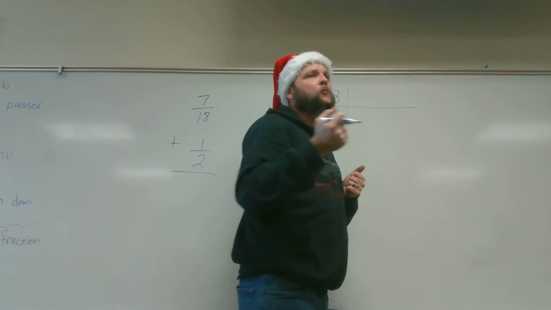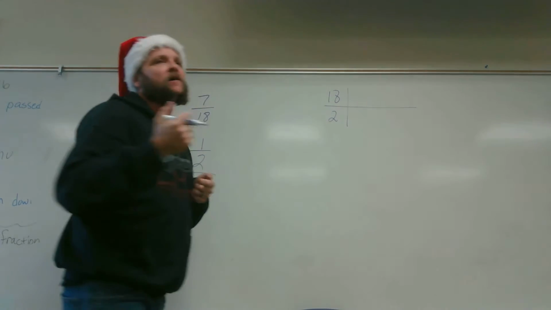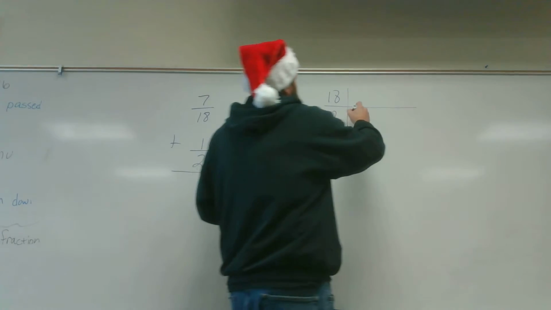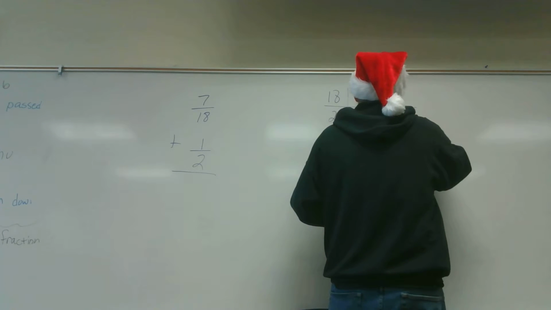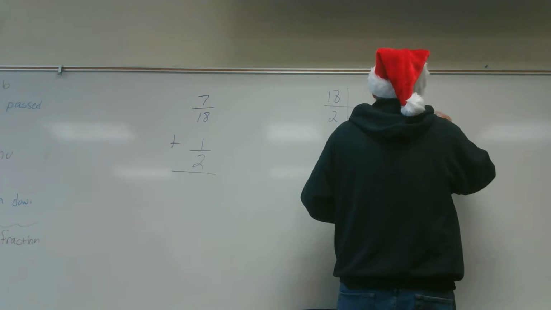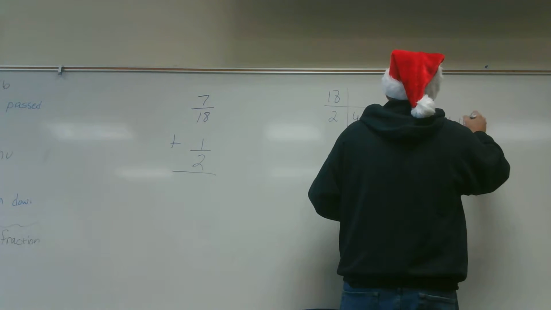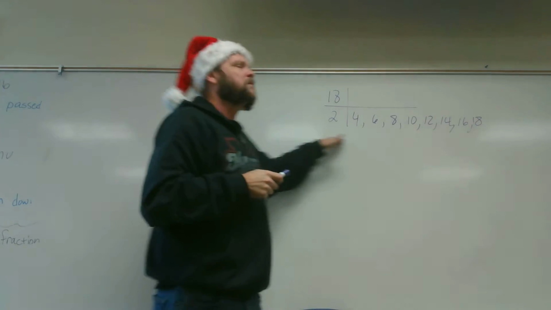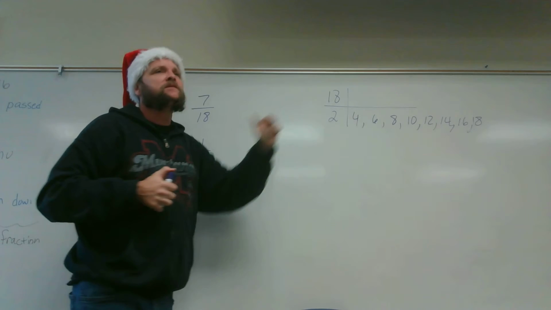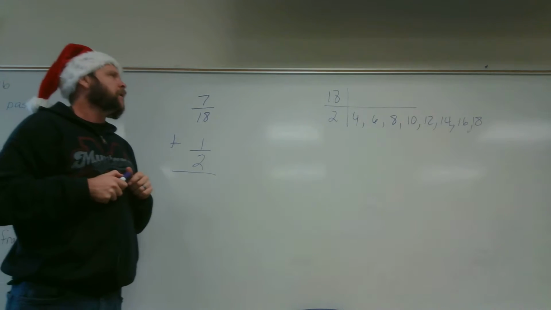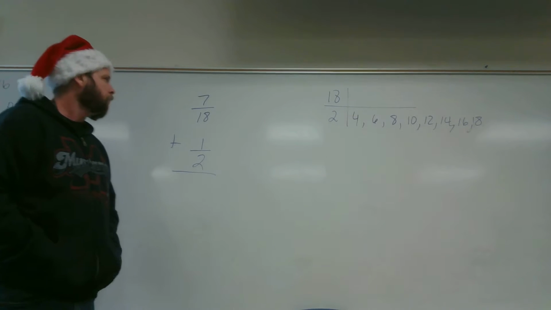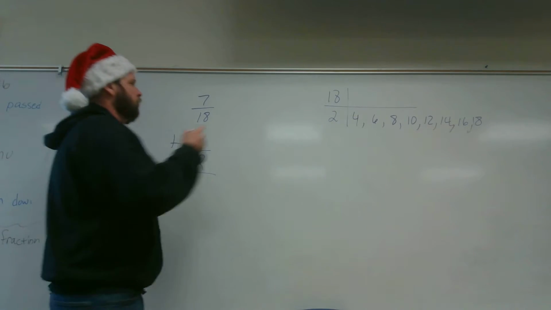If I use my multiplication chart, what am I going to find as my least common denominator? 18. Because it's going to go 4, 6, 8, 10, 12, 14, 16, 18. I always start with my smallest one and take it out until it's bigger than or equal to my biggest denominator.